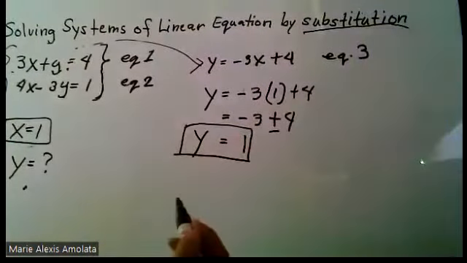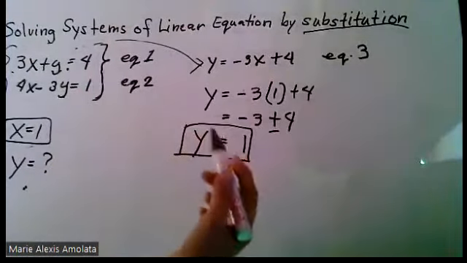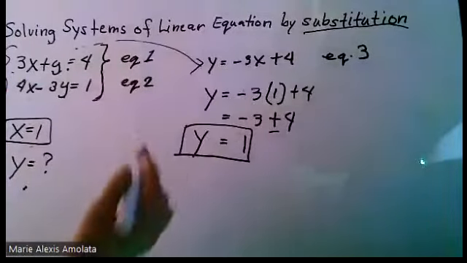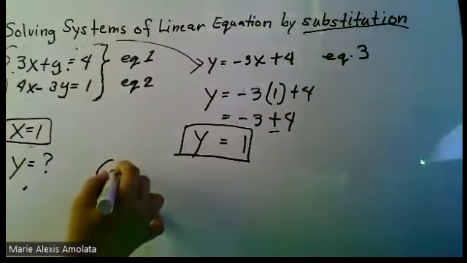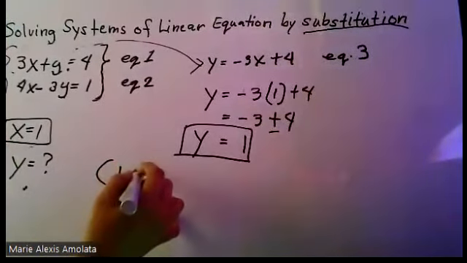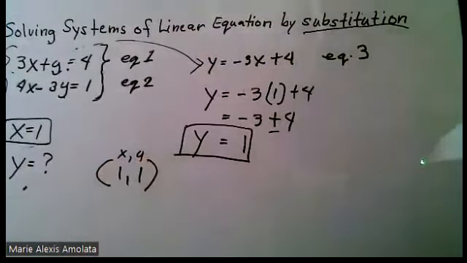Ibig sabihin, nakuha na natin yung solution ng system of linear equations na ito using substitution. So our solution is x is 1 and y is 1. Now, paano natin malalaman kung tama nga yung solution natin?